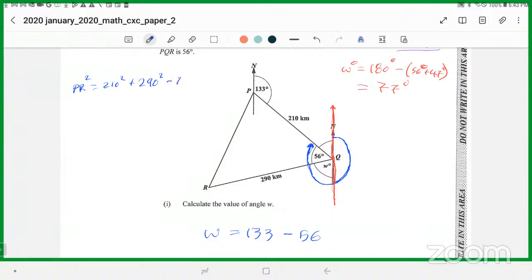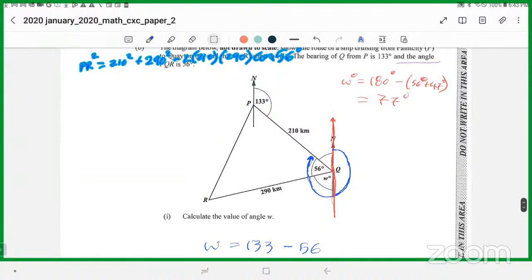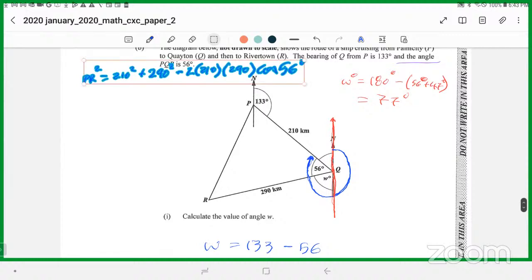We're subtracting 2 times the 210 and the 290, and then taking the cosine of the angle between them, which is the 56 degrees. That's the cosine rule.